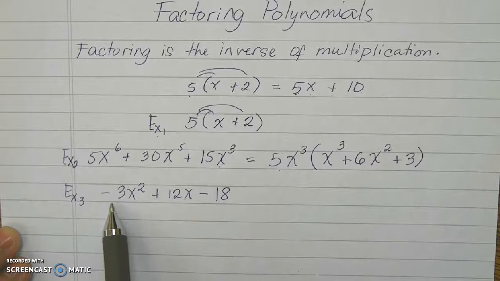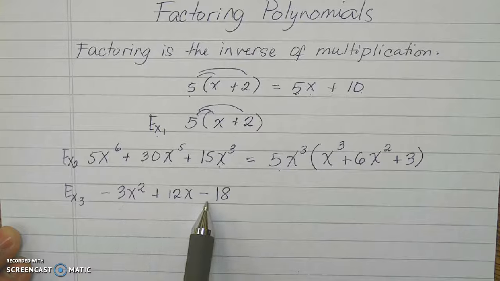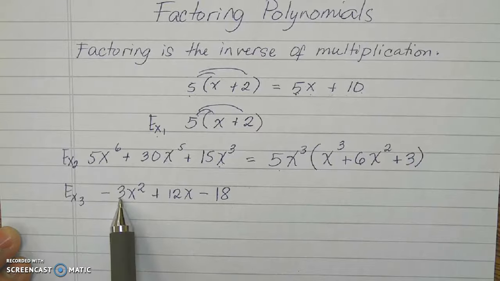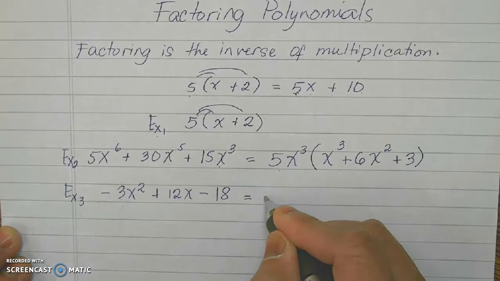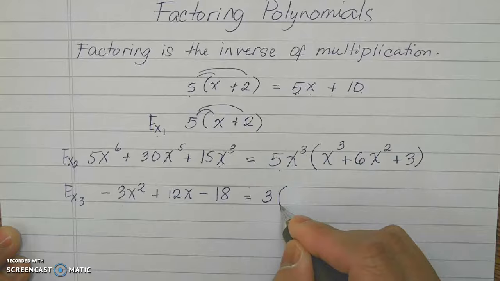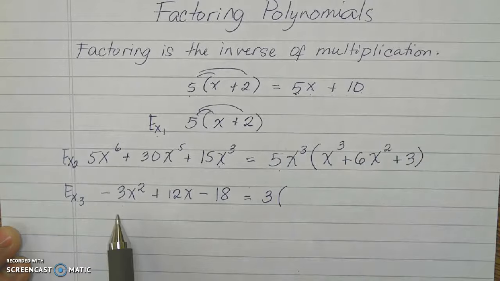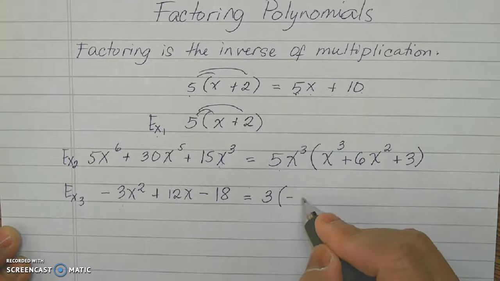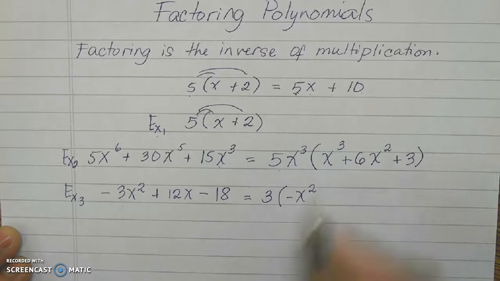So once again, we scan this with our eyes and we think of the greatest common factor. There's a negative 3, a positive 12, and a negative 18. There are no literal coefficients here. And so I am thinking that the greatest common factor here is a 3. So if I take out the 3, this is going to become negative x squared.